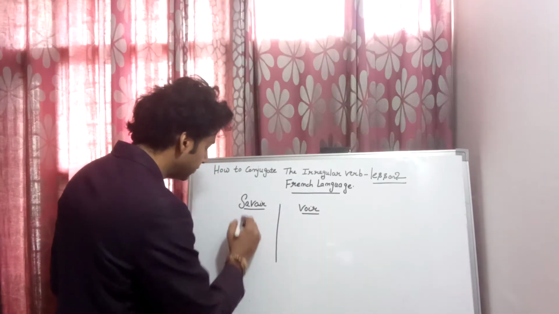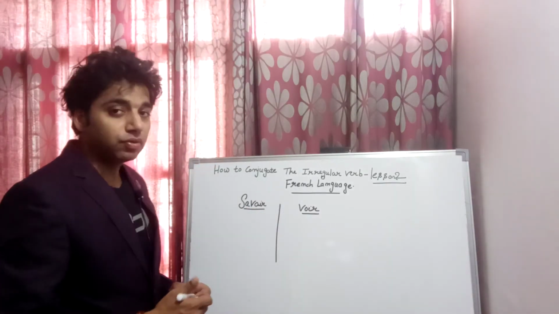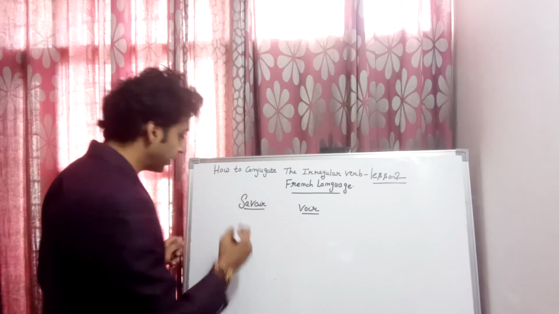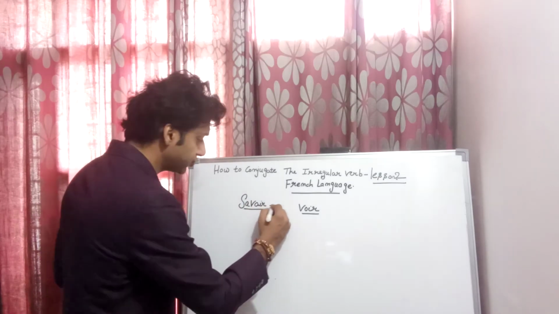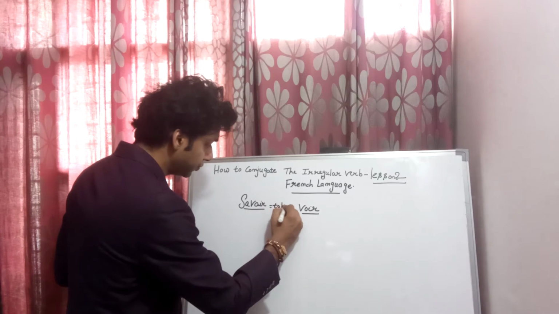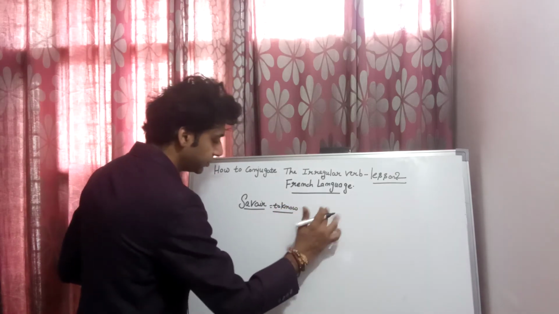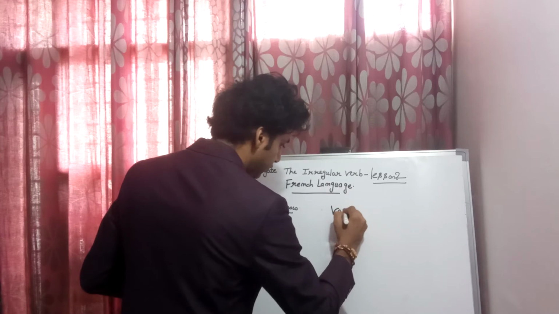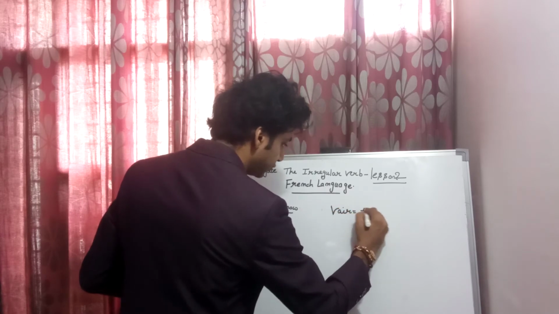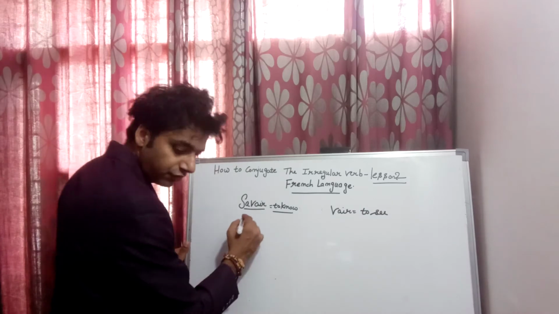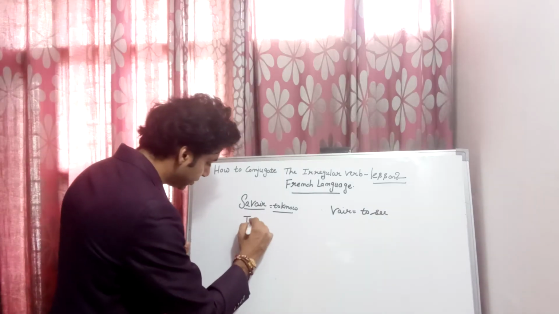Is it clear to you? Savoir is to know, and voir is to see. Is it clear to you? So over here we have je sais, répétez après moi.